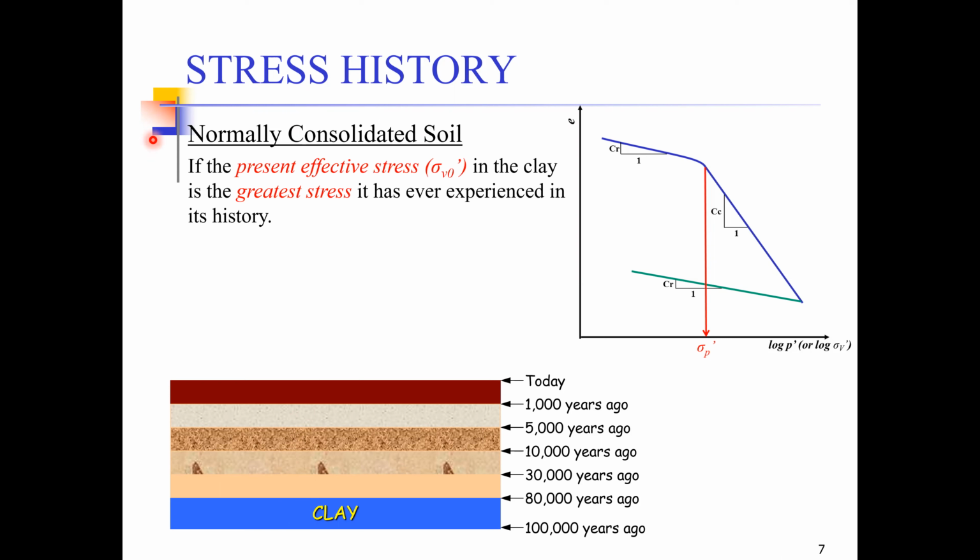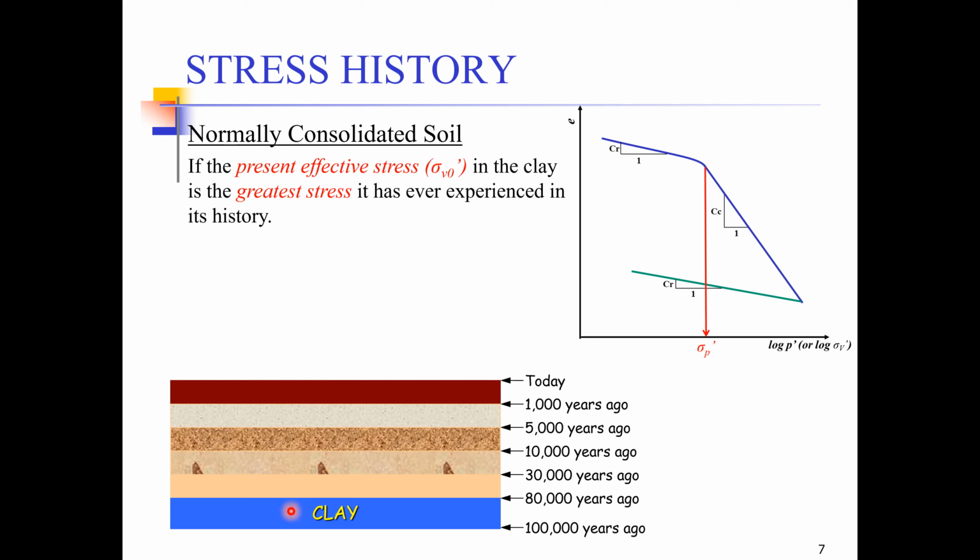So for a normally consolidated soil, for this clay layer, the present effective stress or the overburden pressure is the maximum pressure that this clay layer has ever experienced in its past history.